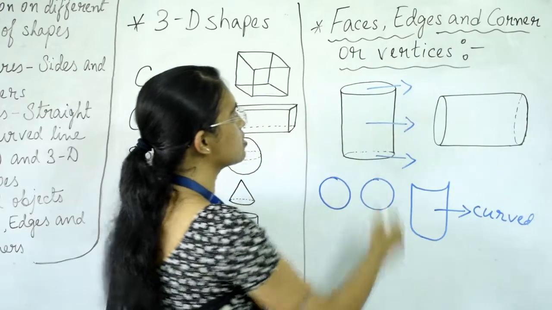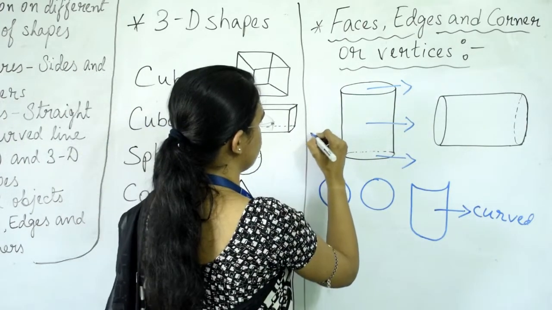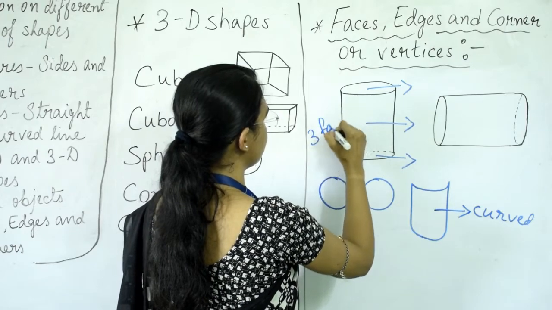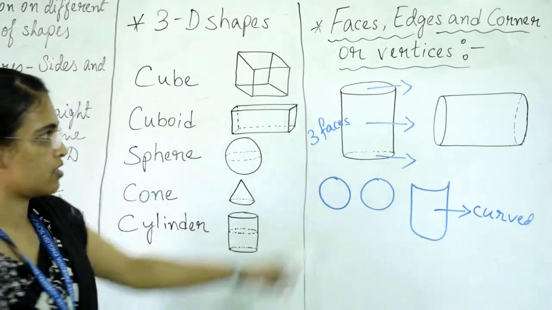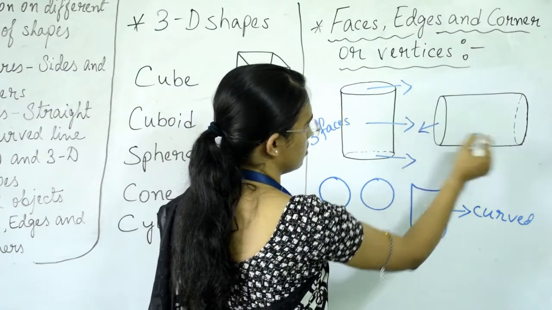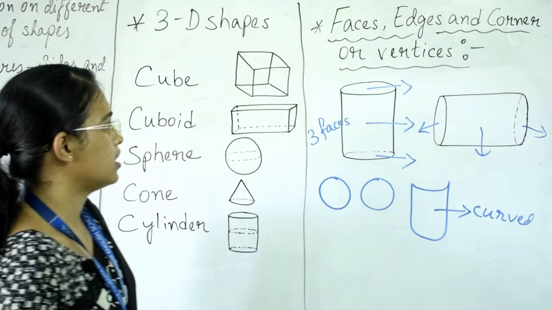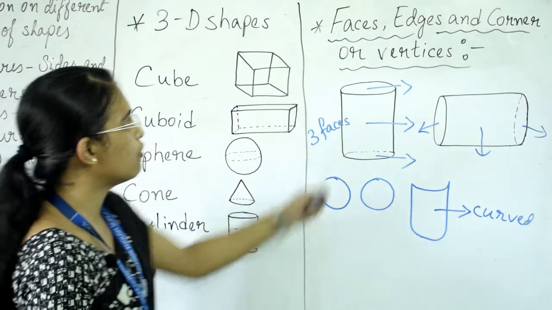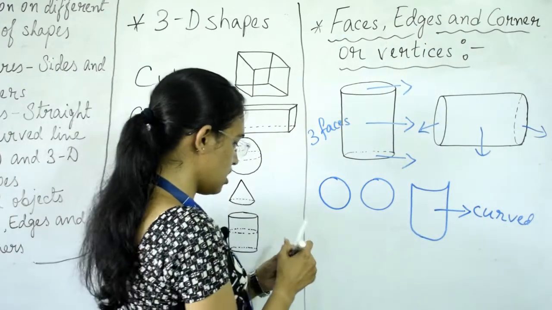So how many faces do we have in a cylinder? 3 faces. A cylinder has 3 faces, this one and this one. Now we have to find out the edges. So in a cylinder there are how many edges?